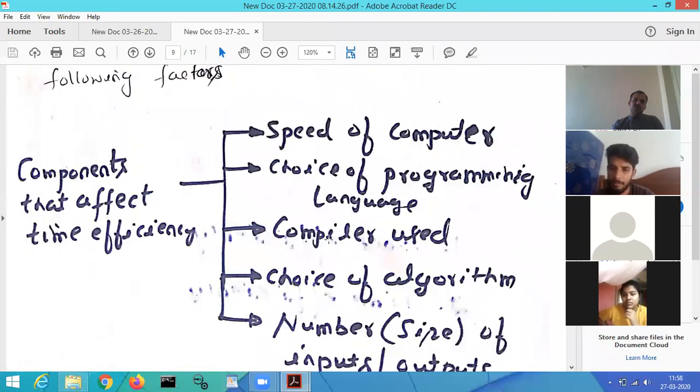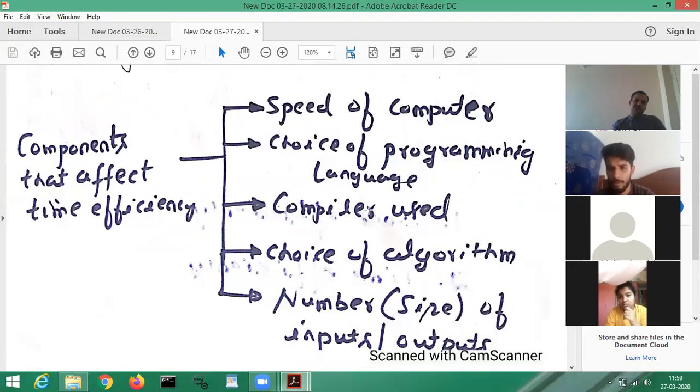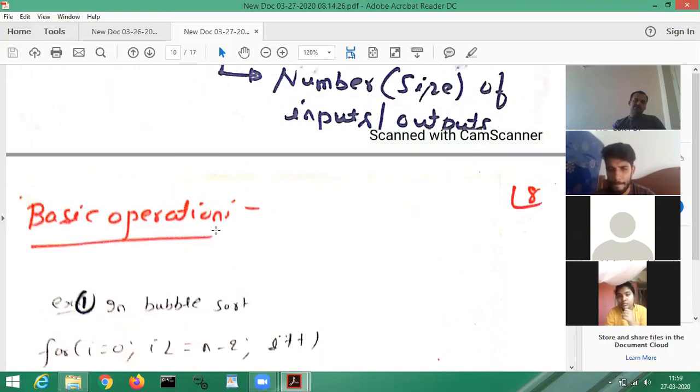But if I want to find out the time efficiency of an algorithm, we should have some parameter that does not depend on the speed, the choice of computer or the compiler. We should have some independent parameter. What is that independent parameter? That independent parameter is called the basic operation.